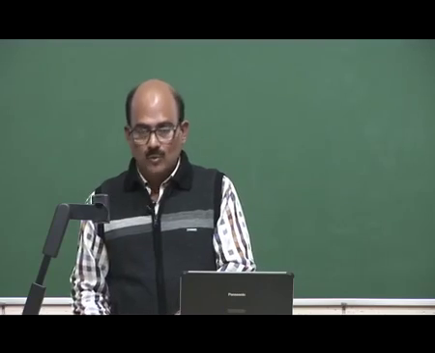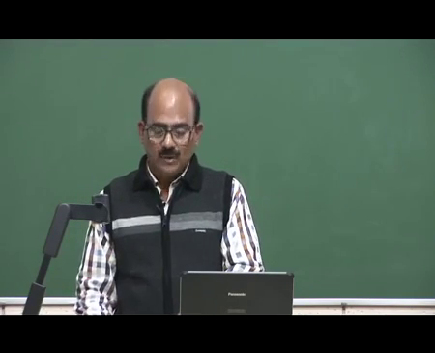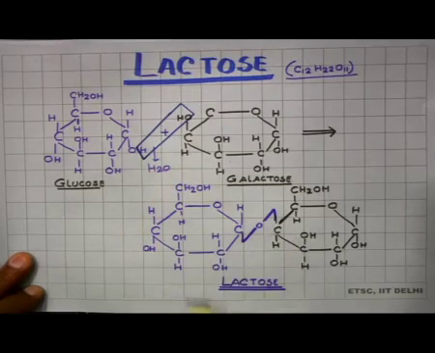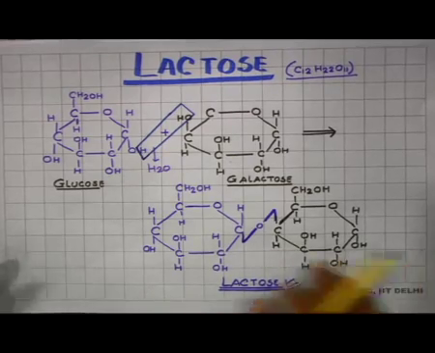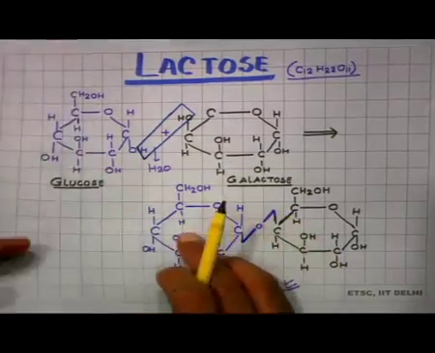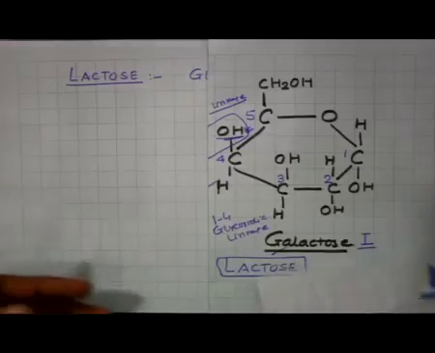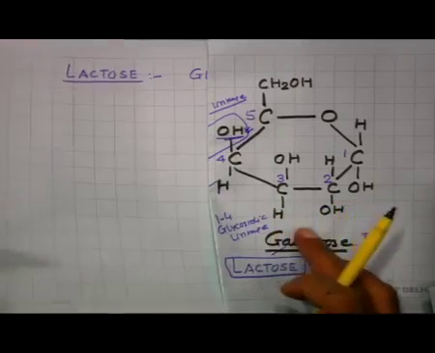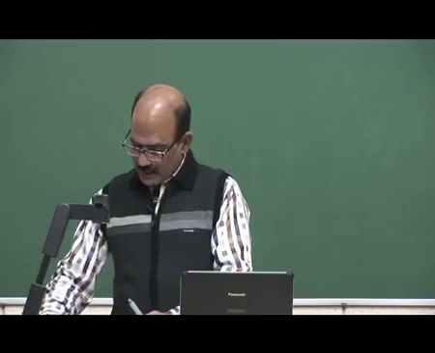When glucose and galactose molecules combine, the water is released and the structure of lactose is of this type. So, now we are able to write the structure of glucose, galactose and maltose.